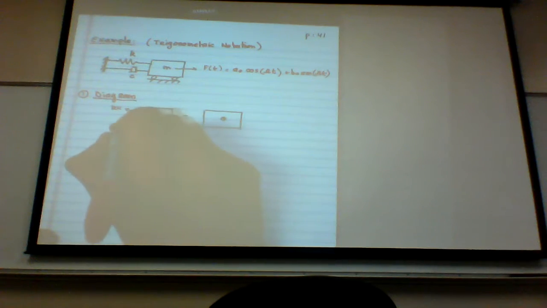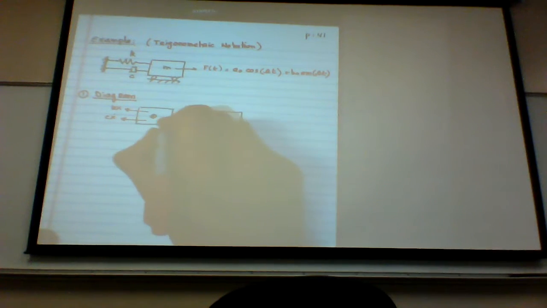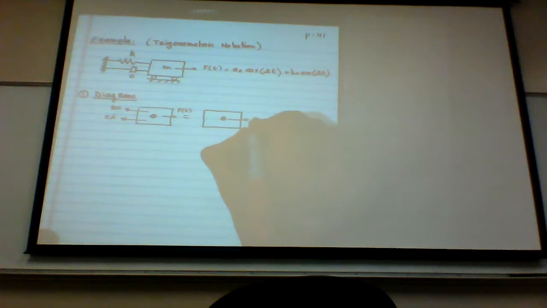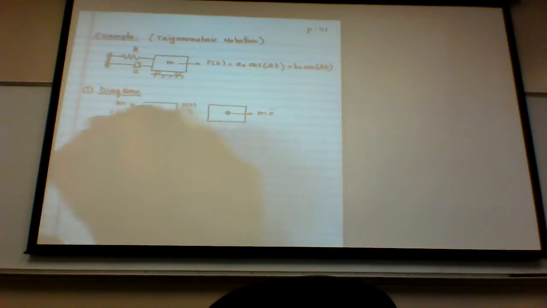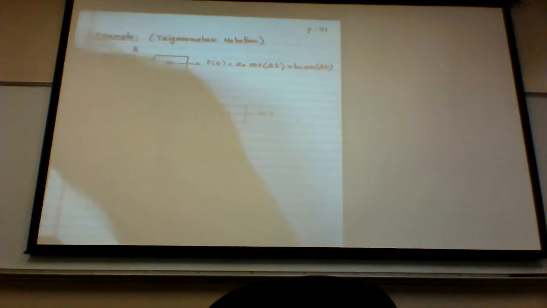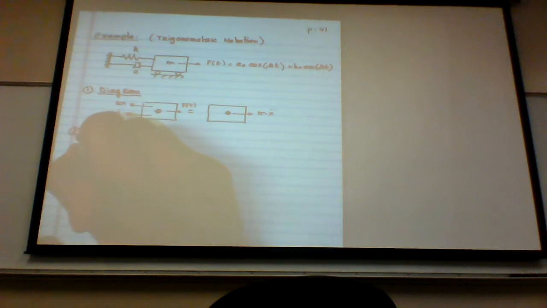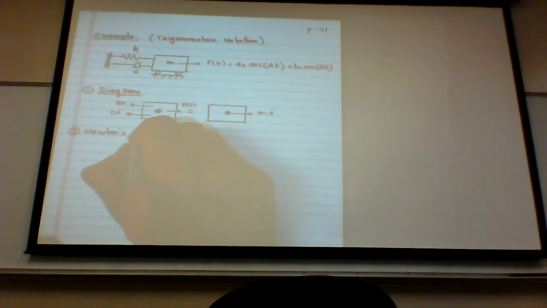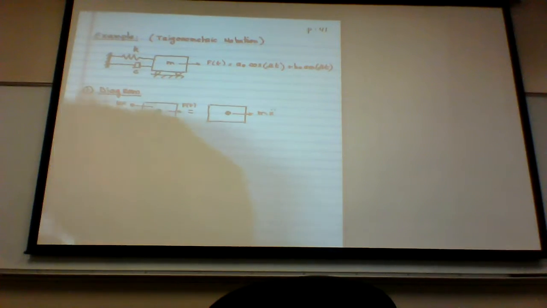The force of the spring, force of the damper, F of t, and this will be m x double dot. Okay, so now we apply Newton's equation in the x direction.